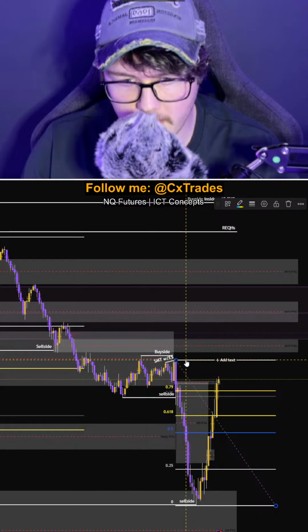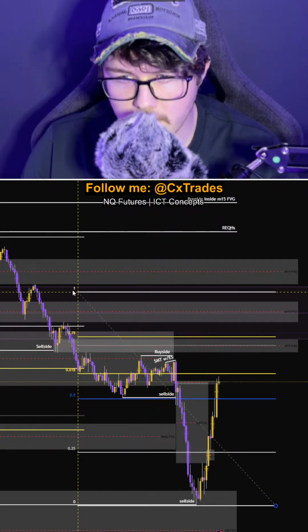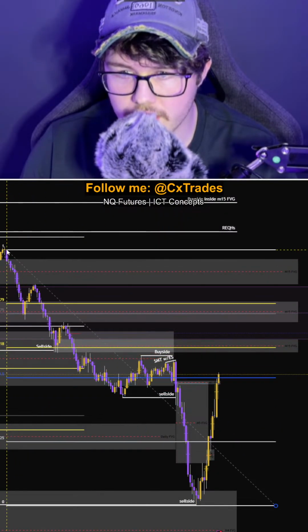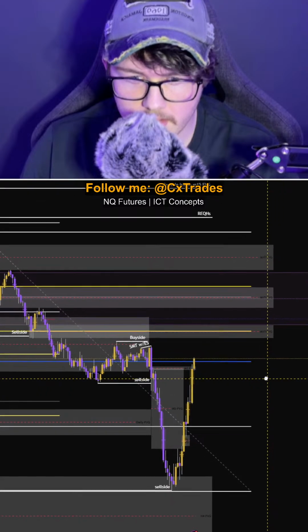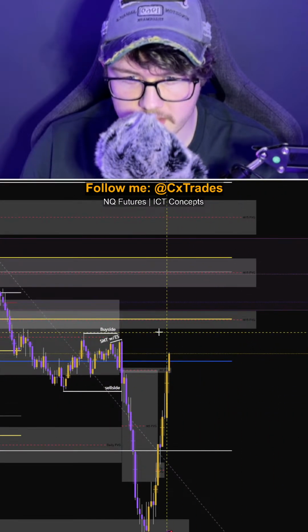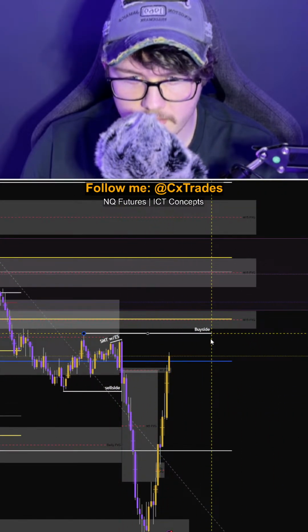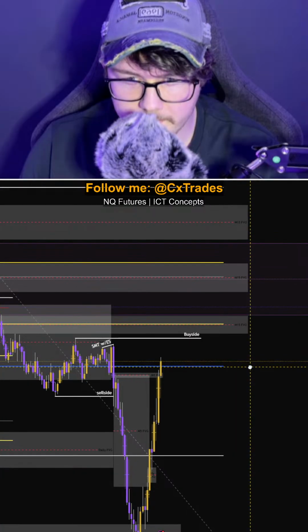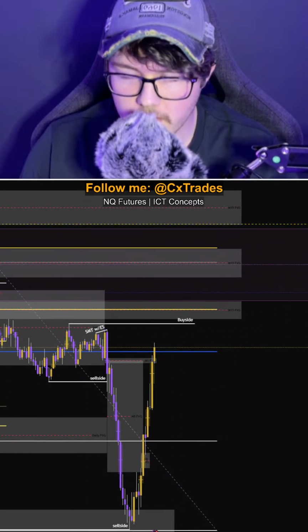Anyway, let's move back to our previous range right here. And we have just tapped EQ of it. So if we sweep out this buy side, we'll see.